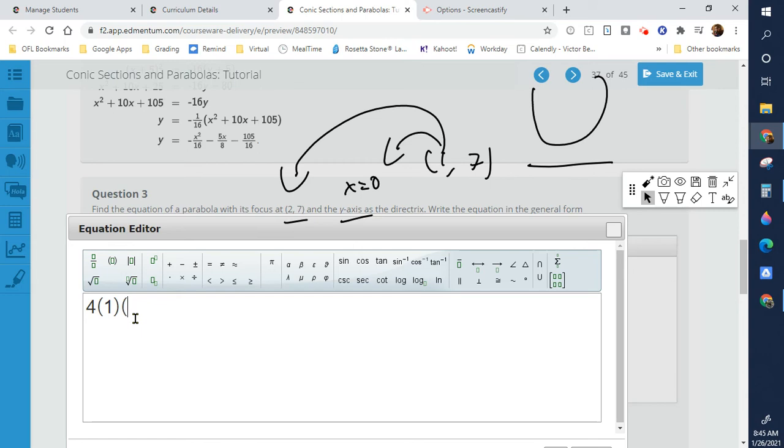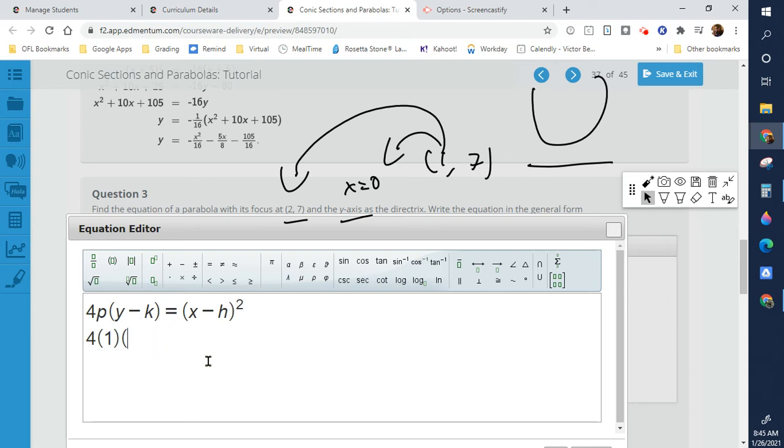And if you guys want, let me write the original formula. I feel like I keep assuming you guys know it. The formula is 4p parentheses y minus k equals x minus h quantity squared. Oops, forgot to put the parentheses.